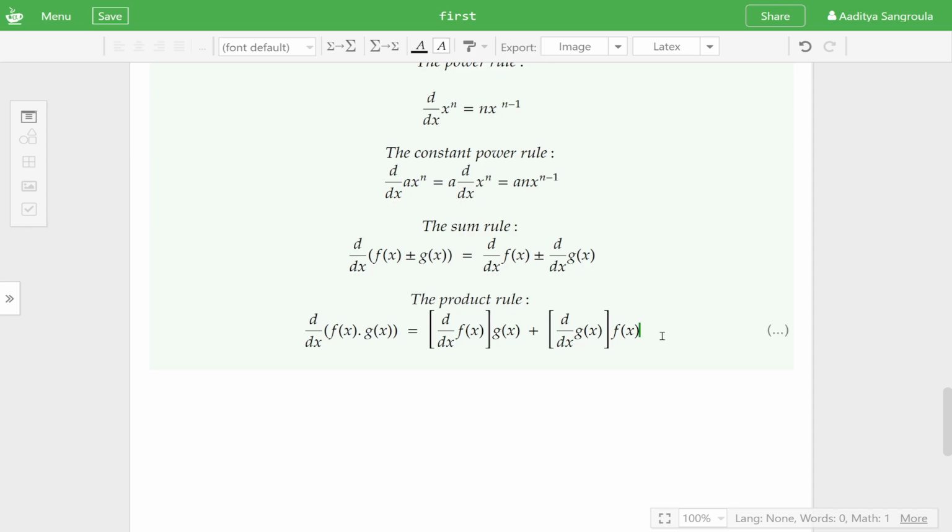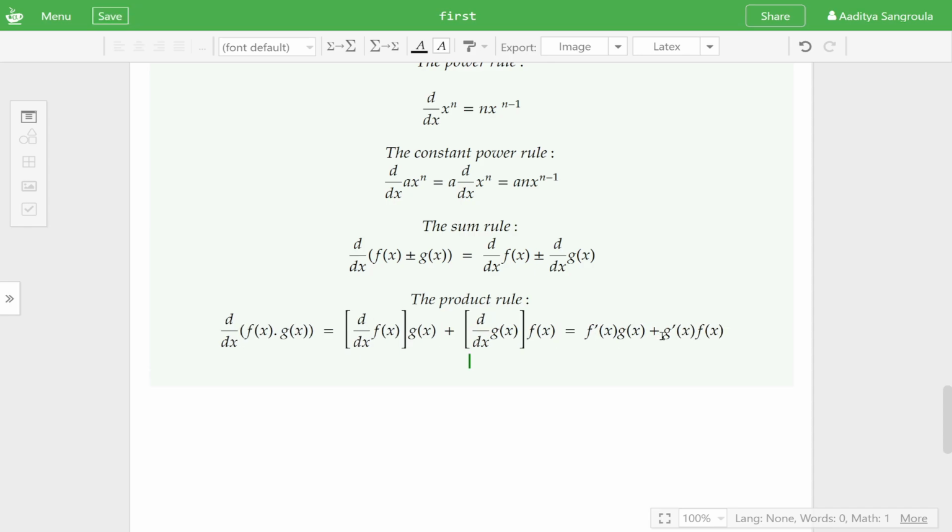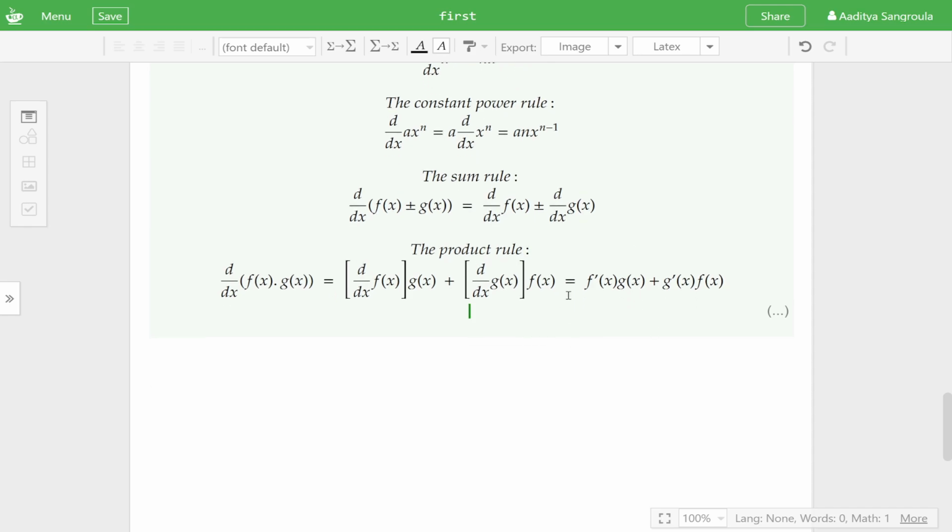This is the product rule, and we can also write it as f prime at x times g of x plus g prime at x times f of x. This is another way of writing the product rule. These are any two functions, right?